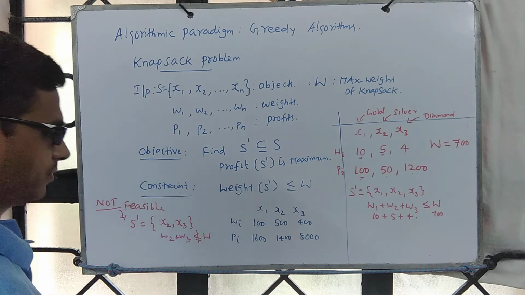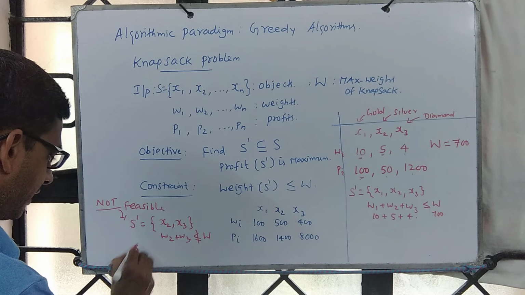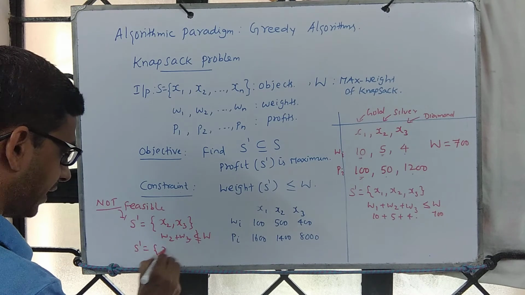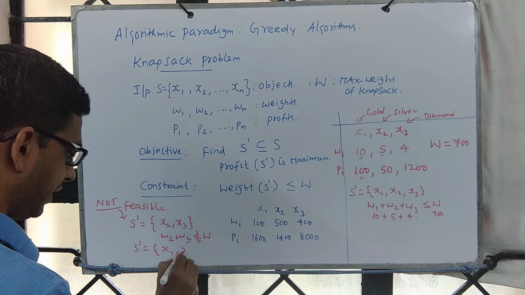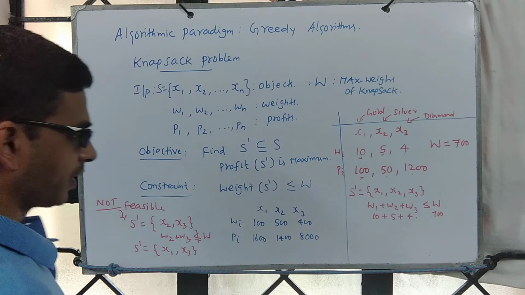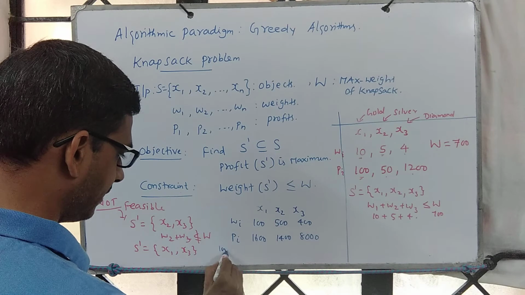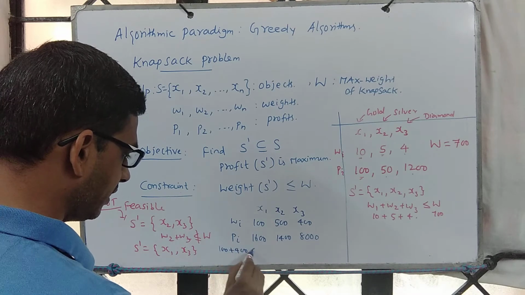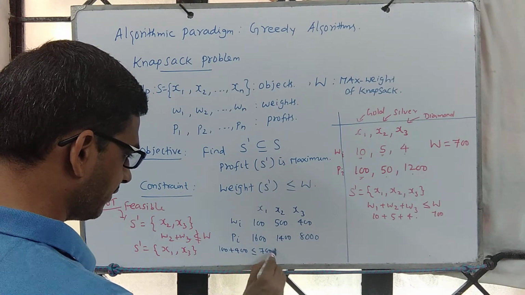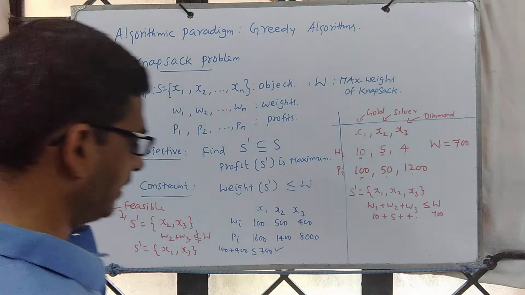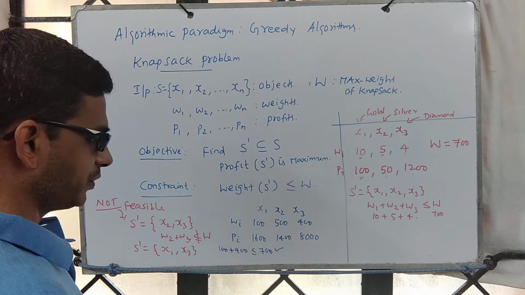It is not. So let's look at S prime being say x1 and x3. If we do that, then you see that 100 plus 400 is less than or equal to 700 and it is satisfying, so it is a feasible solution.